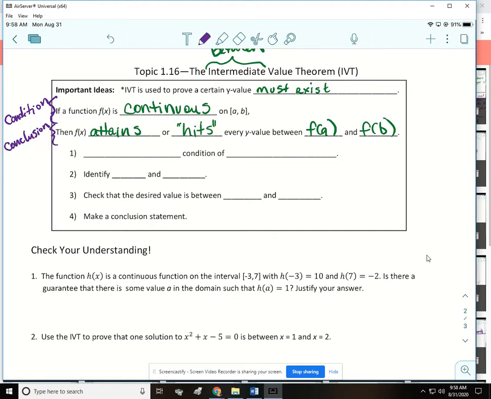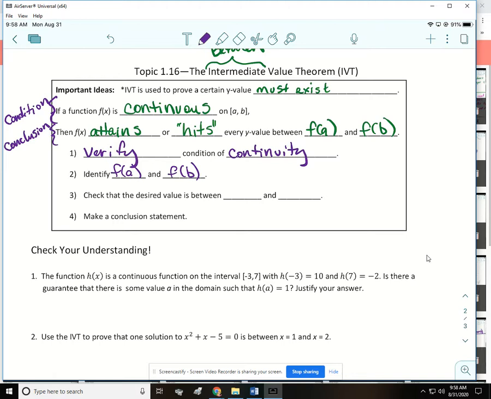So what we have to do to prove the existence of a Y value is first verify the condition of continuity. Then we have to identify f of a and f of b.